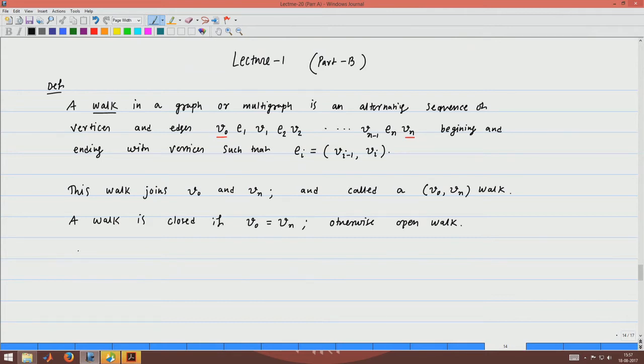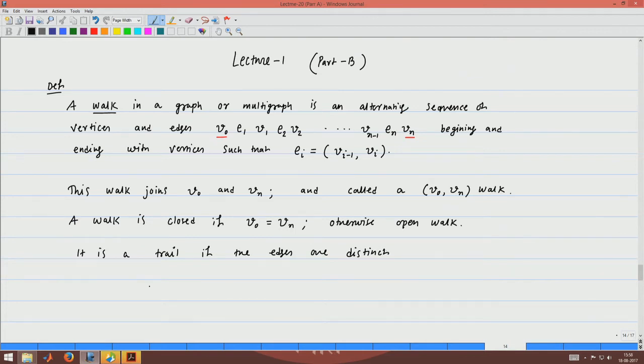So, this walk is a trail if all these edges are distinct.